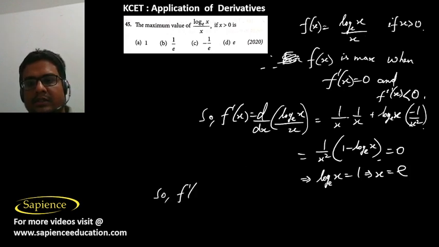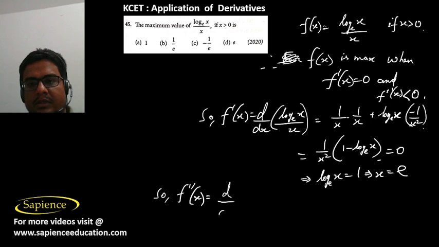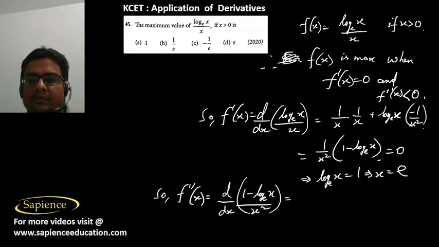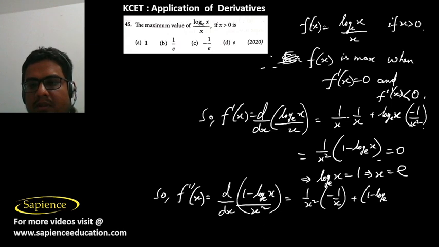Then f double dash x will be d by dx of (1 minus log e x) by x square. This will be equal to 1 by x square into d by dx of minus log e x, then plus (1 minus log base e x) into minus 2 by x cube.